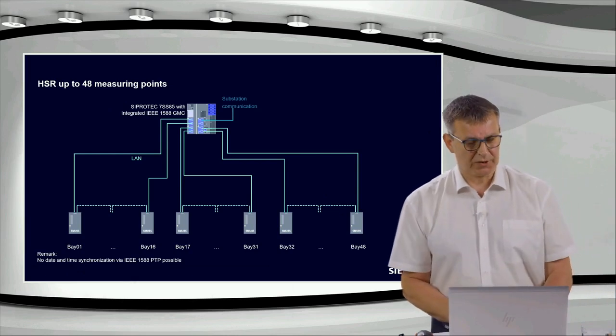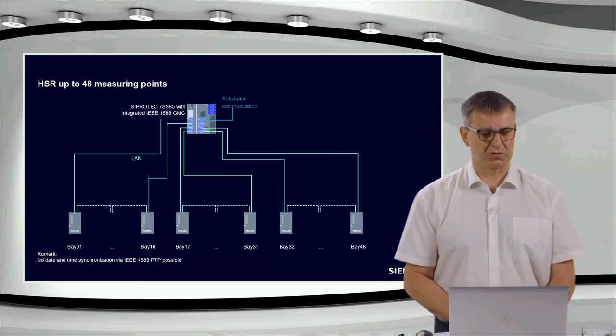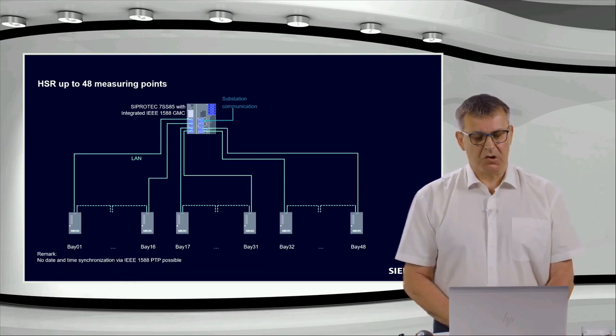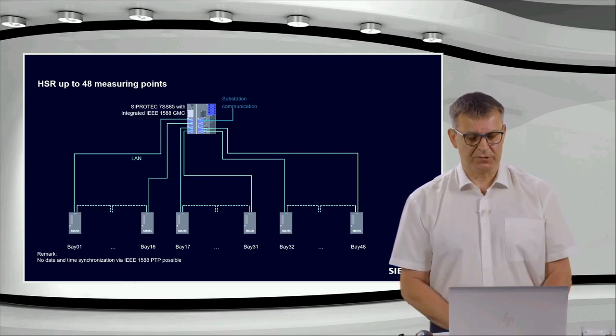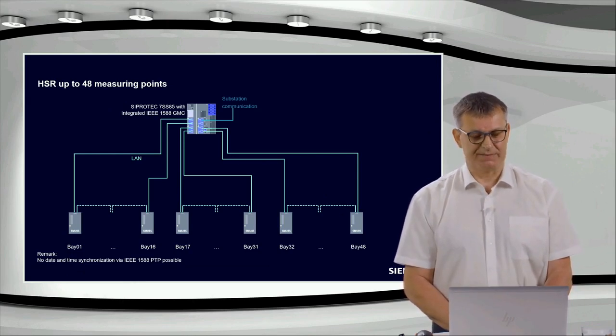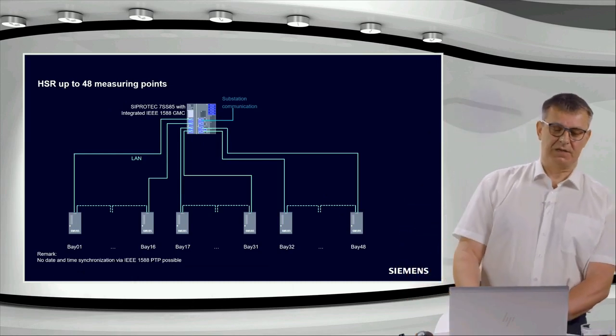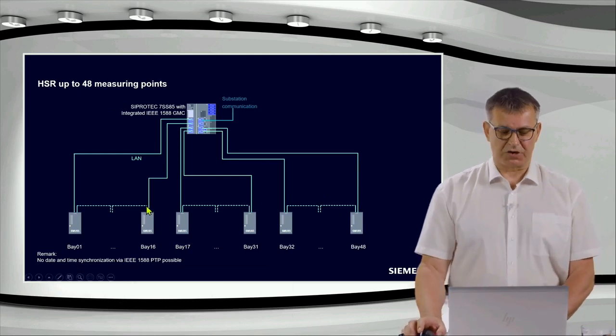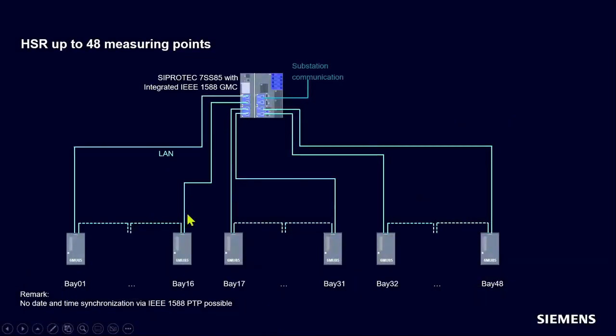Let's come now really to the different communication topologies. I will start with the, from my point of view, most cost-effective and best way to make a distributed busbar protection at the moment. It's HSR, High-availability Seamless Redundancy, and here in the maximum configuration we have 3 HSR rings. So 1 HSR ring will be sufficient for a configuration with up to 16 bays.